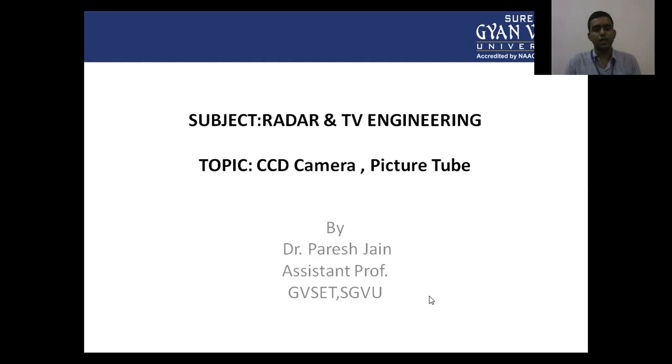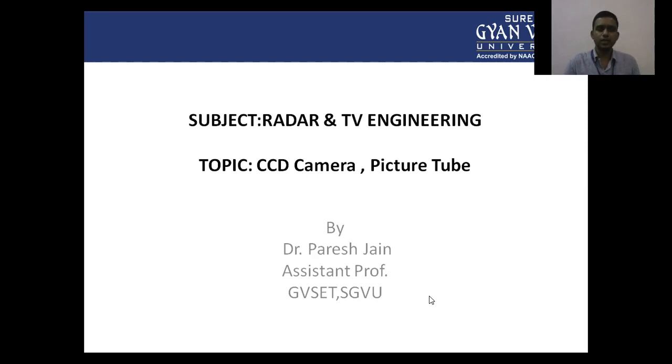transmitters. And in the next section, we discussed the receiver section. In the receiver section, we discussed all the types of blocks and components of the receiver system. Now the main part of the TV system is the camera tubes.